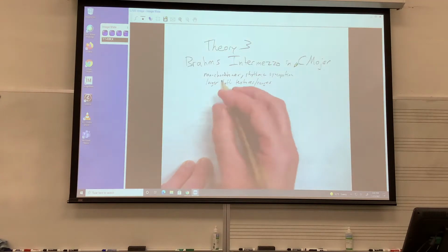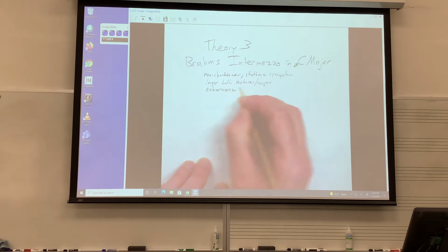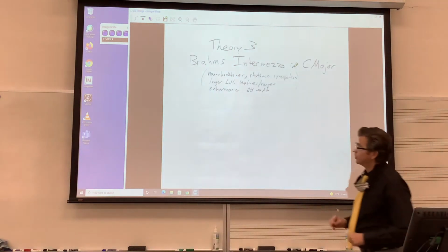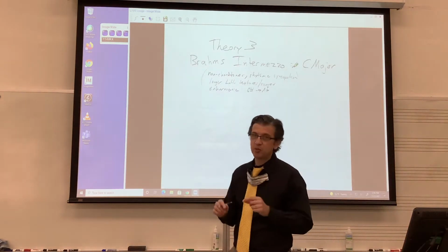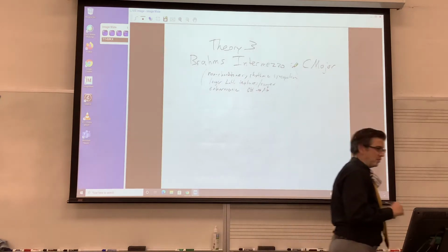We also saw some enharmonicism when it turned from G sharp to A flat. We saw a lot of things. So this is a review of when we looked at the last Intermezzo. Now on this one, we're going to see some other features of Romanticism that Brahms uses.